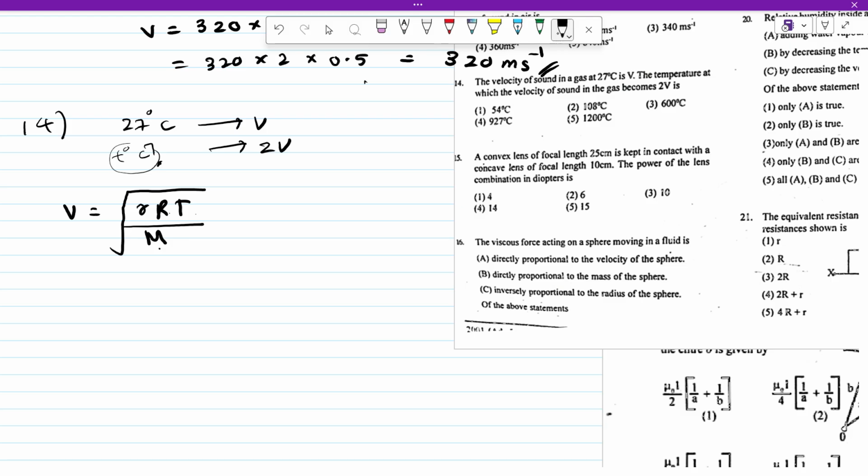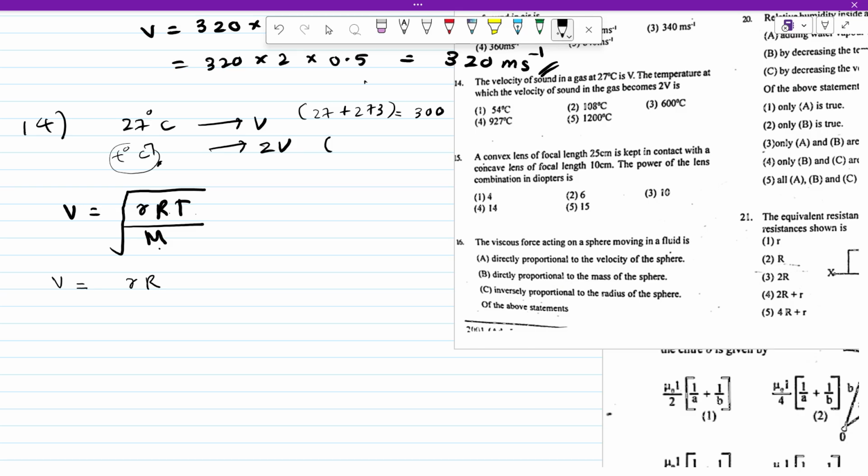we will substitute this in our first equation. V equals root of gamma R T, where gamma is a constant and R is a constant. Here the T value is actually 27 plus 273, that is 300.